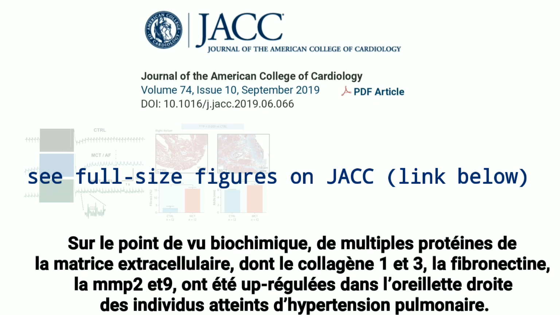Biochemically speaking, it was observed multiple extracellular matrix proteins, including collagen 1 and 3, fibronectin, and matrix metalloproteinases 2 and 9, all being upregulated in such rats with pulmonary hypertension, and all identified in the right atrium.